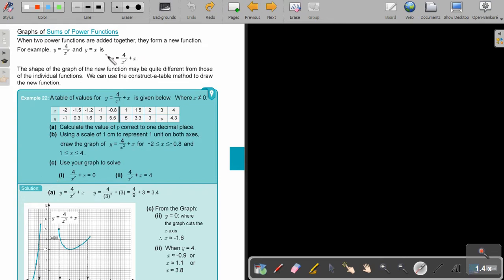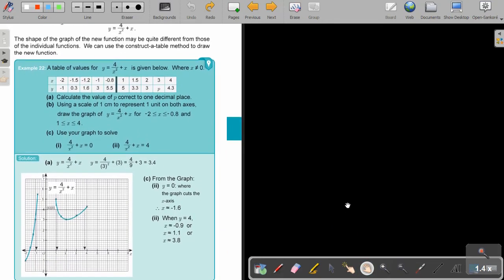Especially if I start to add and find different power functions added up together, the shapes can change. So let's look at this one. In this case, you will say it's 4 over x plus x.